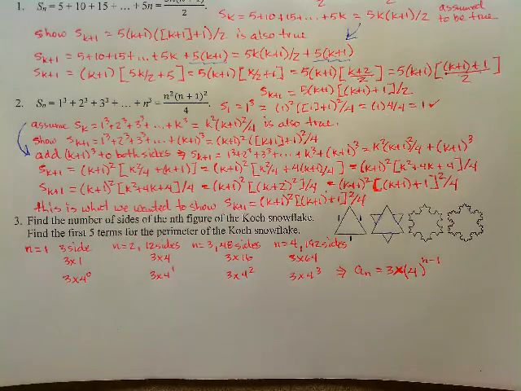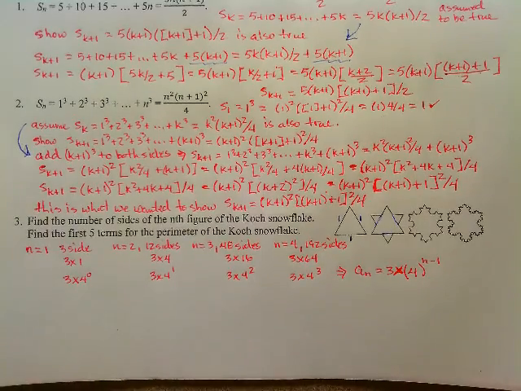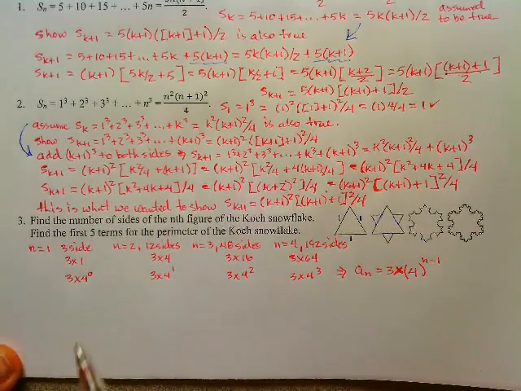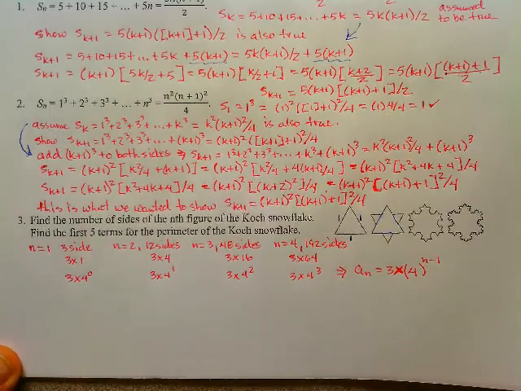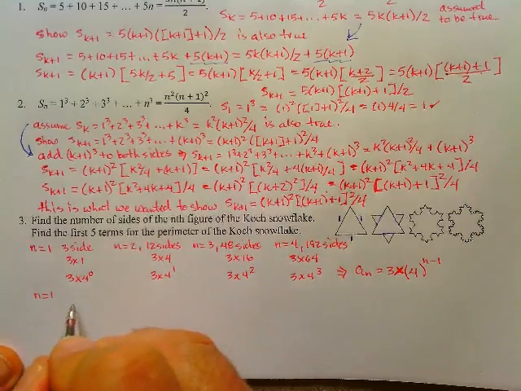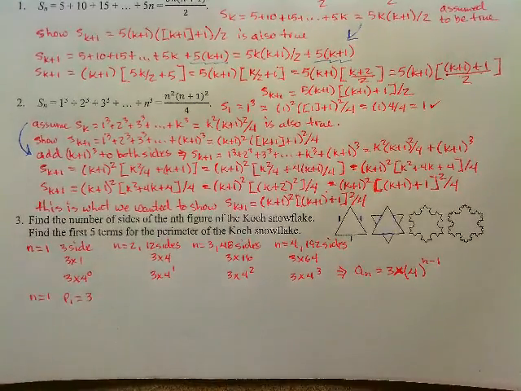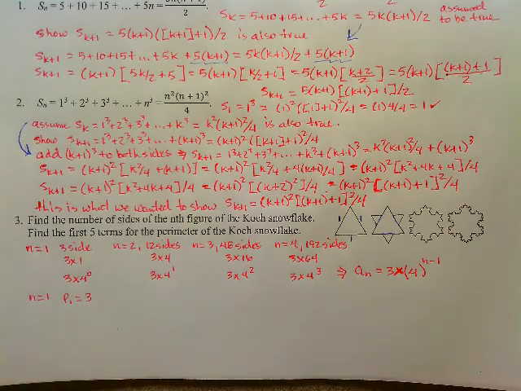Now, so that's for how many sides there are. Now, in addition, we can look at our perimeter. So for n equals 1, P1 was 3, because 1 and 1 and 1, it's an equilateral triangle, all the sides are equal.